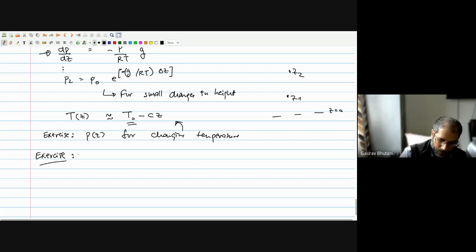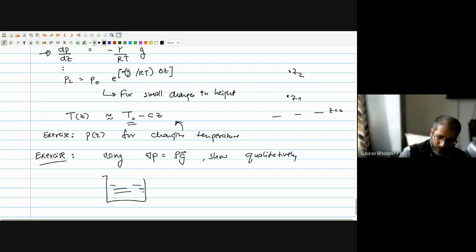Using the idea that I just talked about, that grad P is equal to rho g, using the equation that we discussed, show qualitatively through a discussion that if we have a vessel that has some water in it, and I tilt the vessel, then even after tilting, what I see is that the water is horizontal.